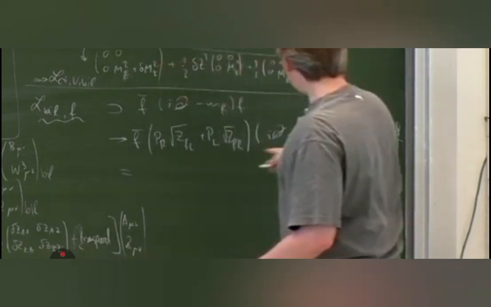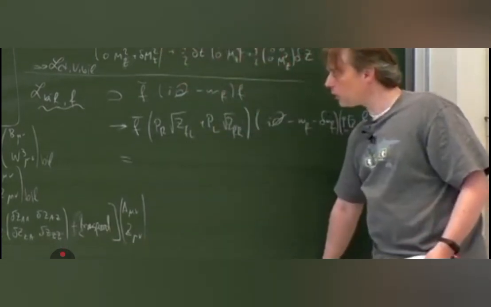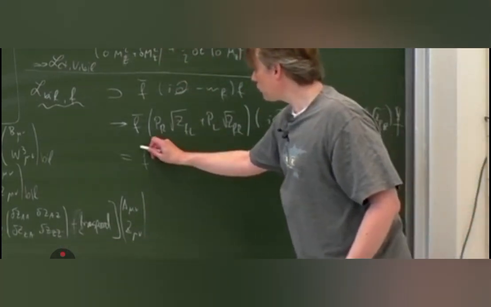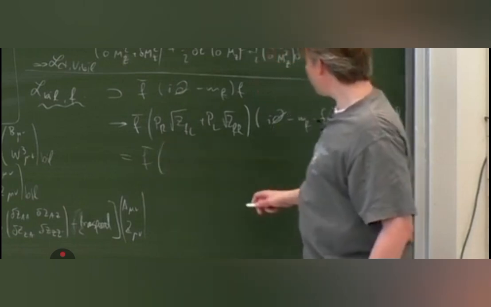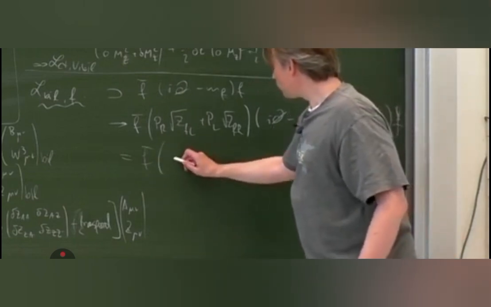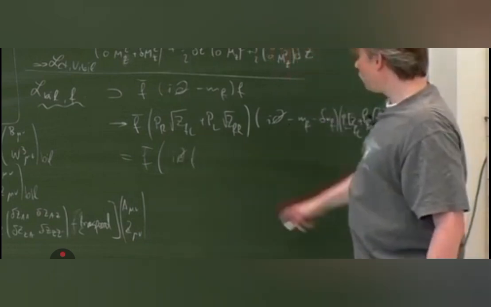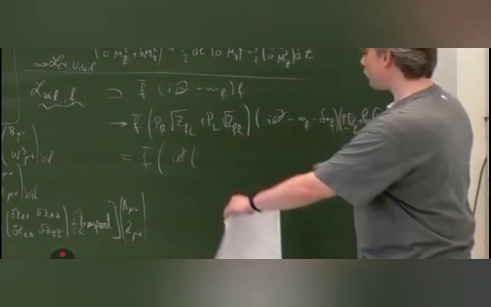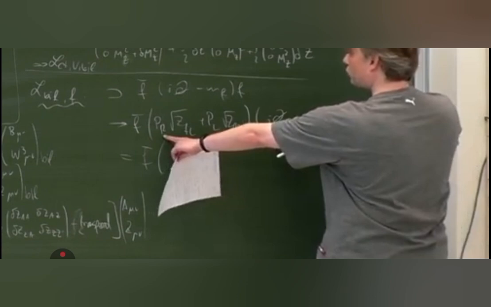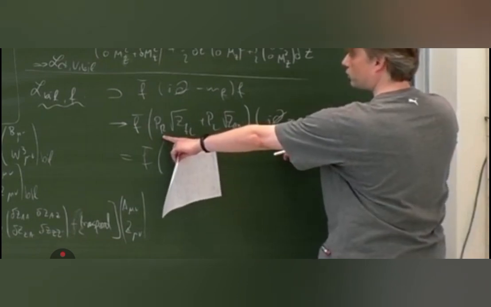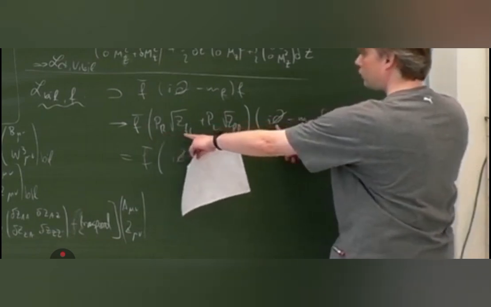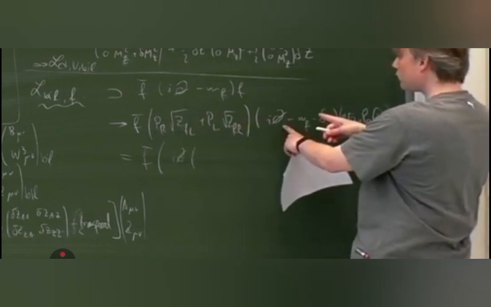And that can now be simplified by doing the gamma algebra. So then we have f bar times the following, let's say i d slash times what? i d slash is multiplied as follows. So if we anti-commute gamma 5 with d slash, it gets minus gamma 5. So we can anti-commute the projection operators with the d slash.